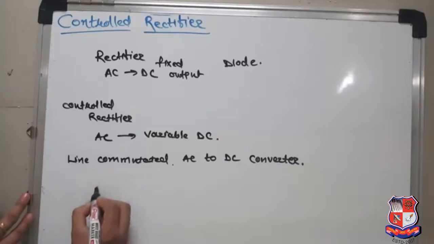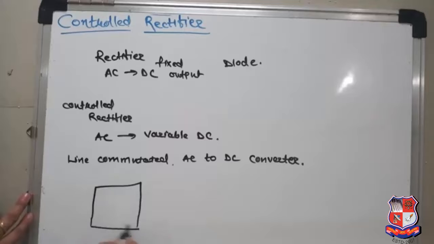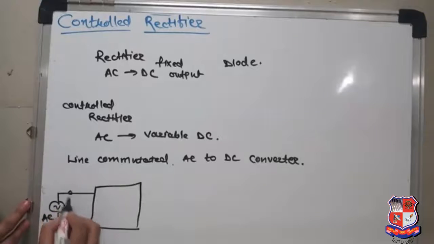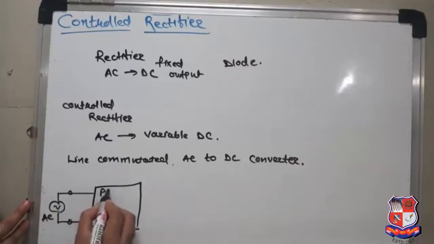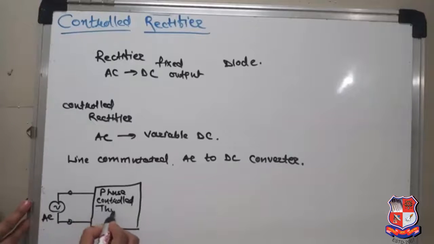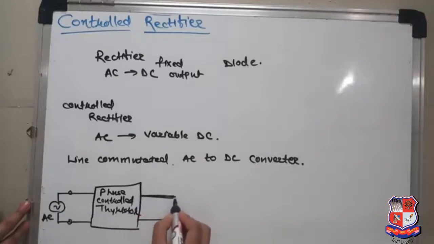So here our block diagram will be like this. The input is the AC supply; here we are giving the AC as the input from the mains. Here we are using a phase control thyristor, and here you will get the variable DC output.